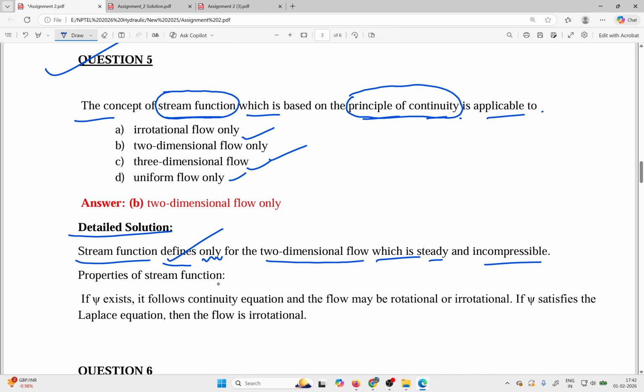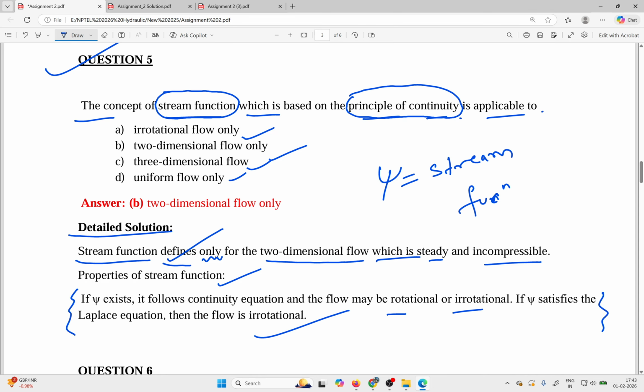Remember this. The properties of stream function: if psi exists, here psi is your stream function, it follows the continuity equation and the flow may be rotational or irrotational. If psi satisfies the Laplace equation, then the flow is irrotational. Very important line, you have to remember.